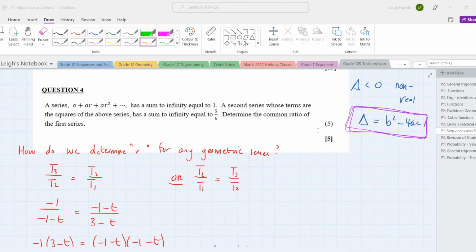All right, so where are we going to start with this question? Any ideas?